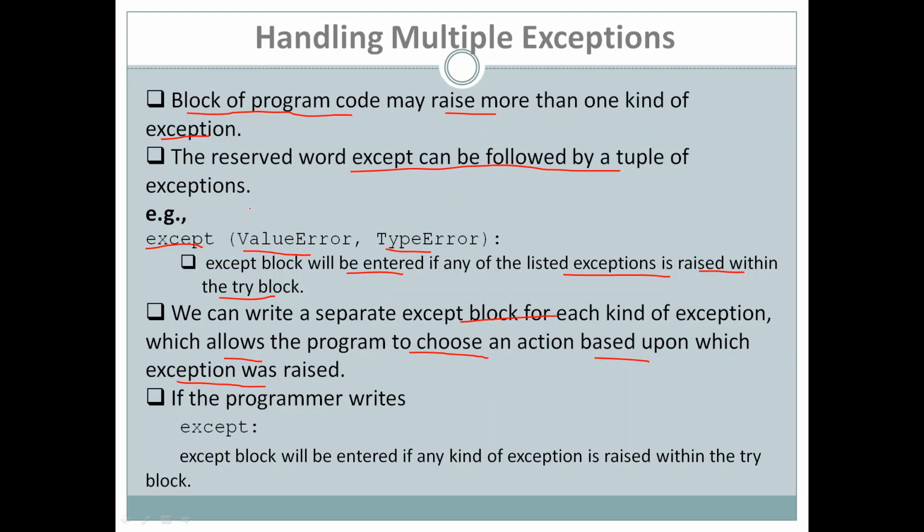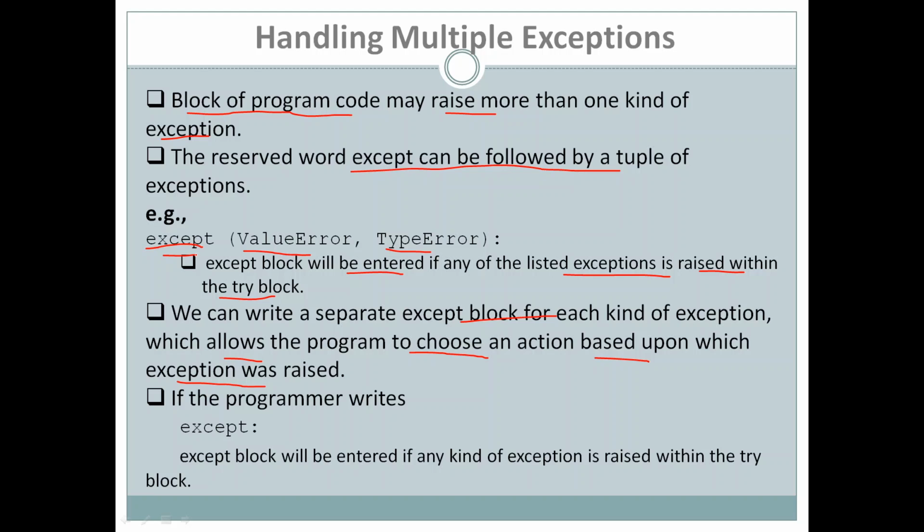Now the problem with this particular except is that whenever we have a value error, it will execute the same code defined in the except block, and whenever there is a type error also, it will execute the same code. For all the exceptions listed in the except block, it will execute the same set of code.